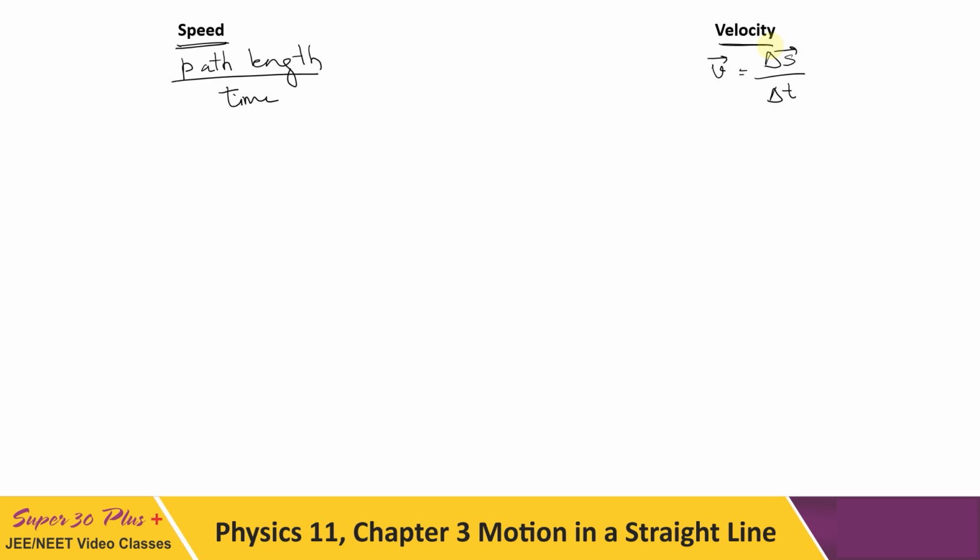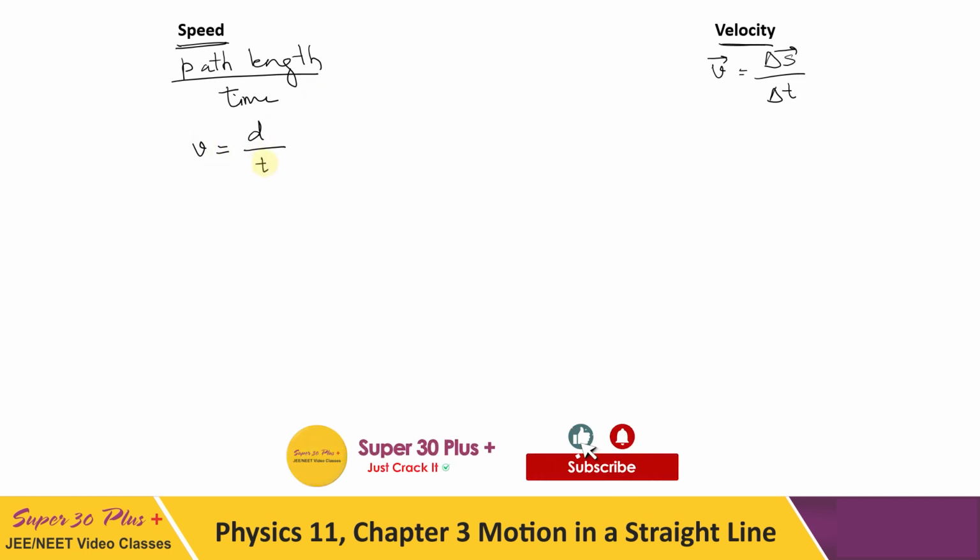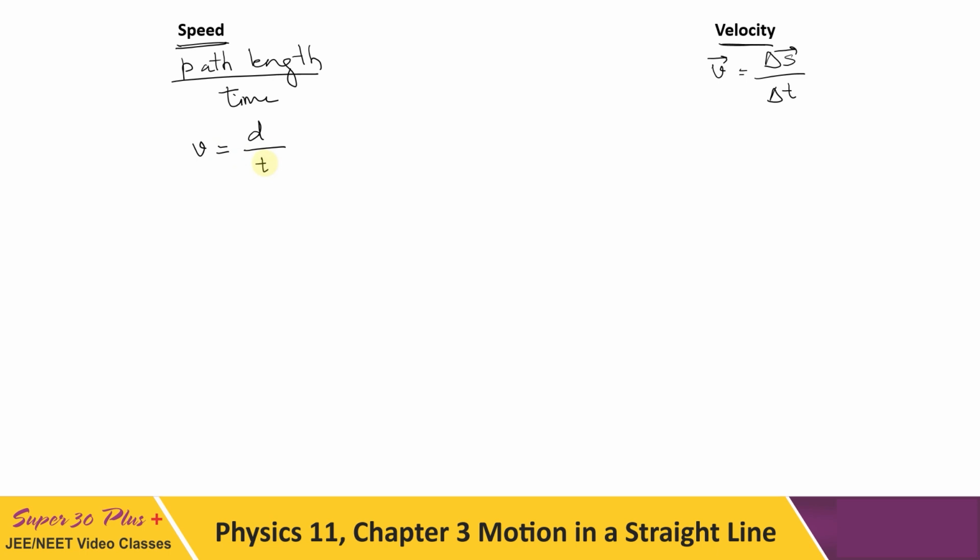If we write it mathematically, speed, if you denote by v, will be equal to path length, which we had denoted with d, upon time, so d upon t. This is how speed and velocity are mathematically represented. The same difference is between distance and displacement.